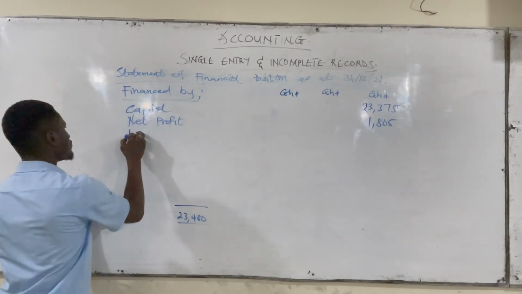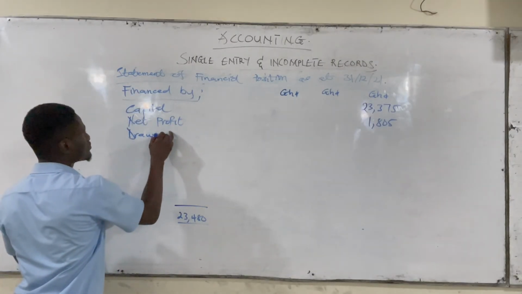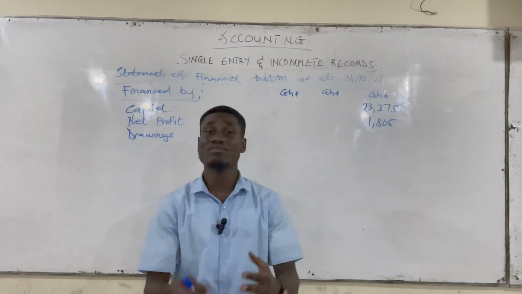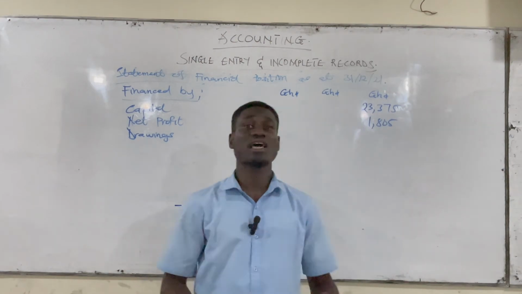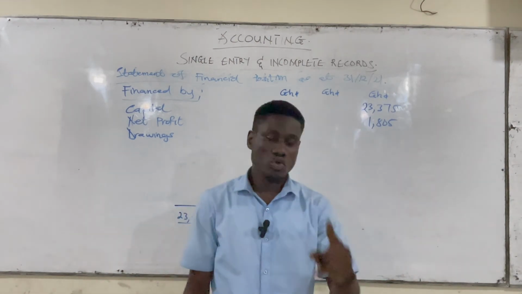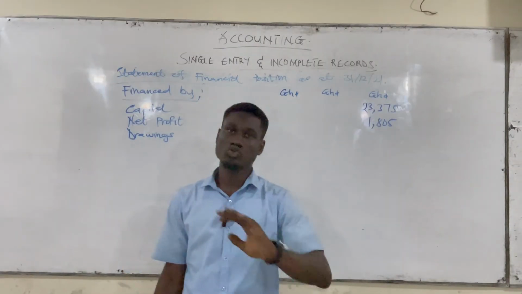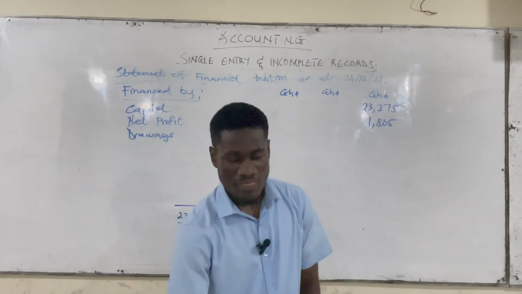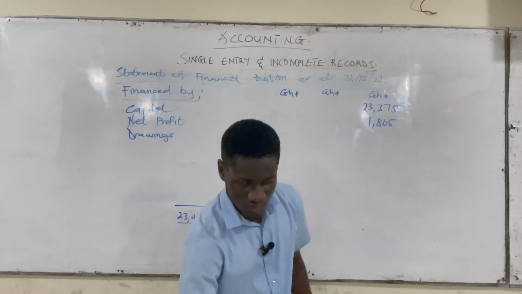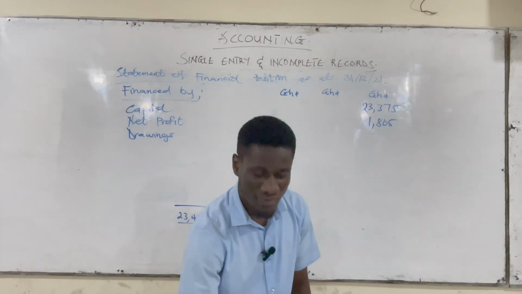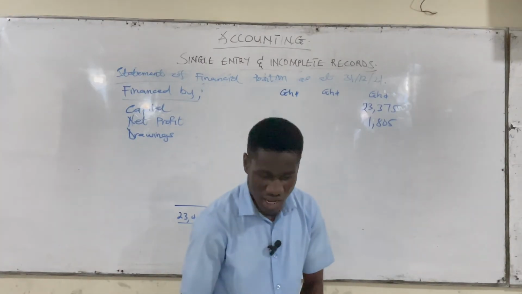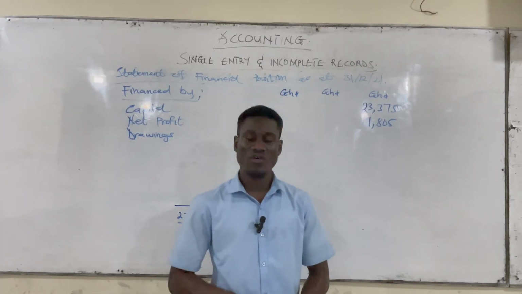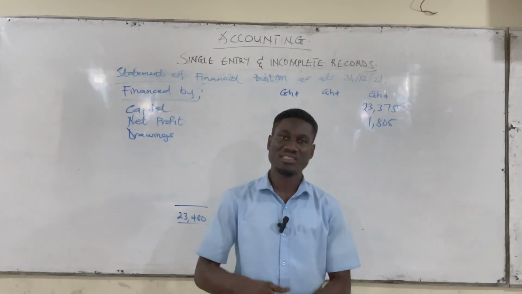We had drawings too. You see, the question said, apart from some drawings, any other receipts and payments were recorded. So we used the cash book to find our cash drawings, which we had 1,200. And when you check the question too, the owner withdrew some goods amounting to 500 from the business for her friend as a birthday present.